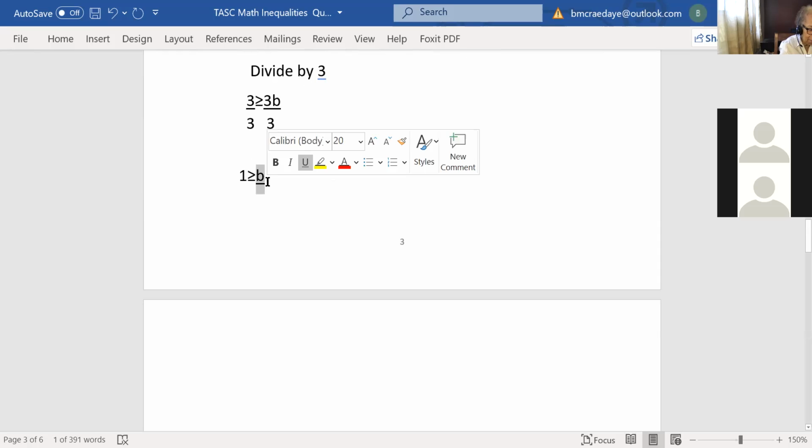Now notice that that says 1 greater than or equal to b, but your choices were b, correct? Yes. If 1 is greater than or equal to b, what is b equal to?